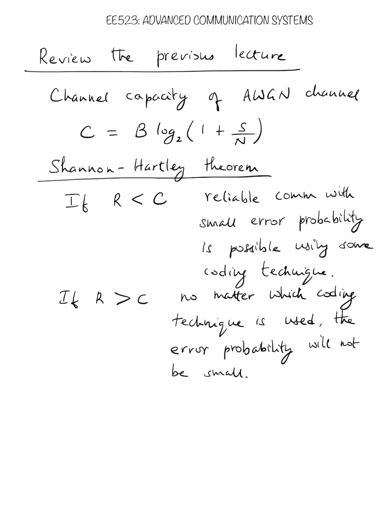Right? So that means if we exceed the capacity of the channel, then no matter what technique we use, the error probability is going to be too high. That means there will be too many errors in the received data, and that would make the data basically useless.